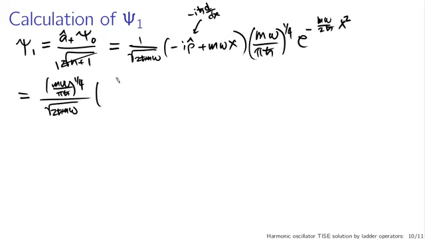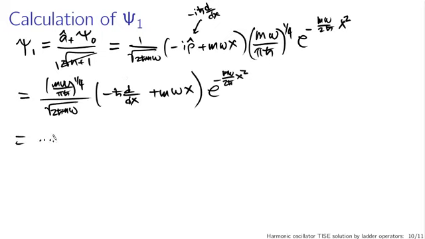Simplifying this expression out, we end up with minus h bar d by dx plus m omega x, all acting on e to the minus m omega over 2 h bar x squared. Now, this term with the m omega x is going to be easy. The derivative here is going to be relatively straightforward as well.